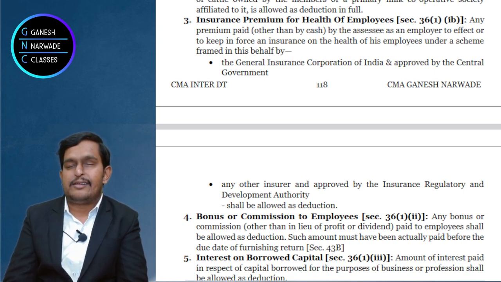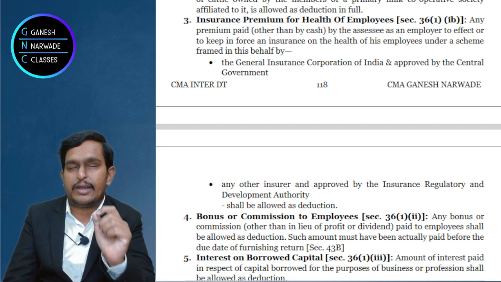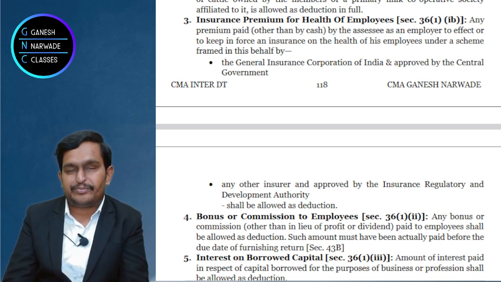Till that time at least you should pay the commission. If you are an individual business, not subject to audit, till 31st July you can pay the commission. Then only you can claim the deduction under the income tax return of the respective assessment year.